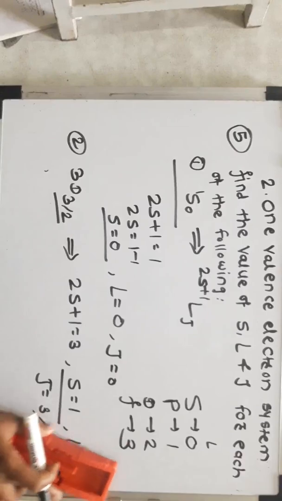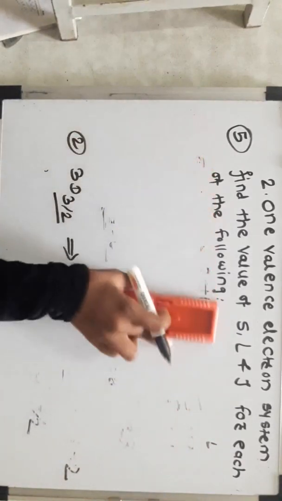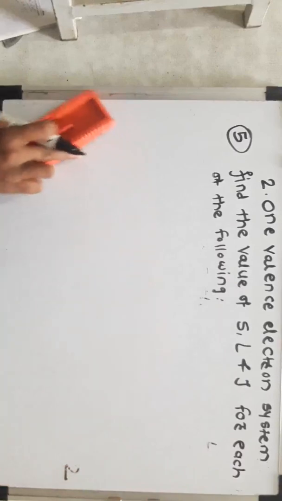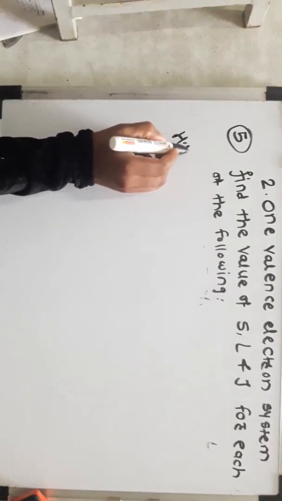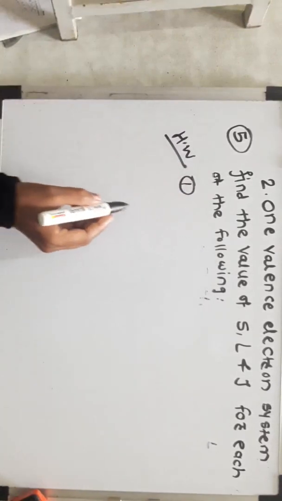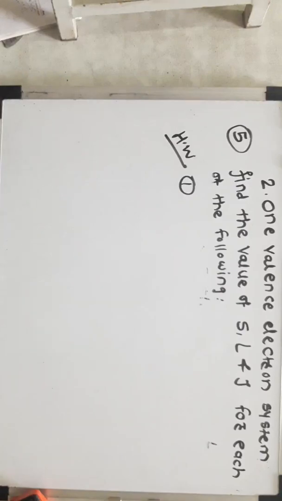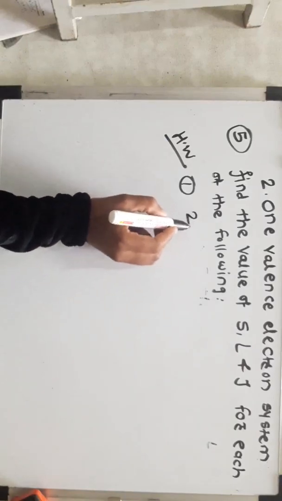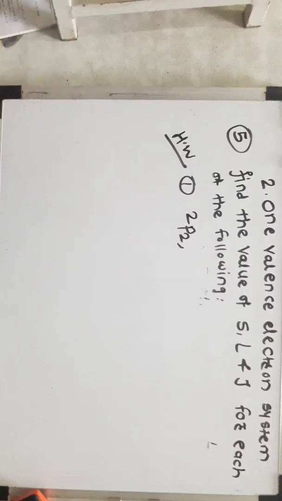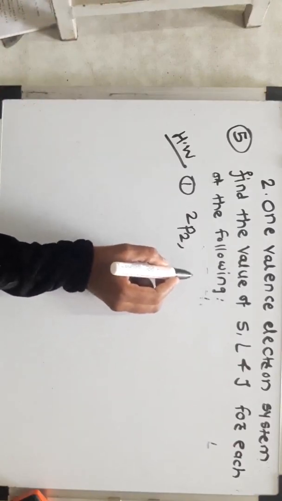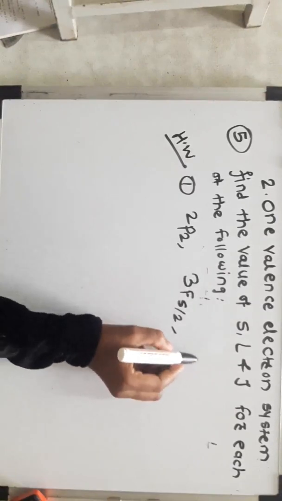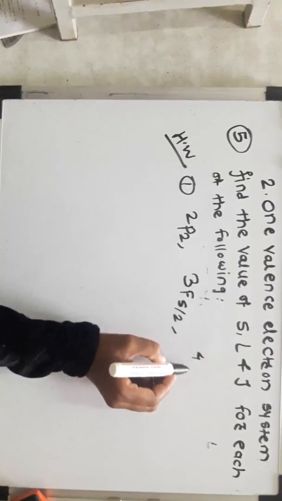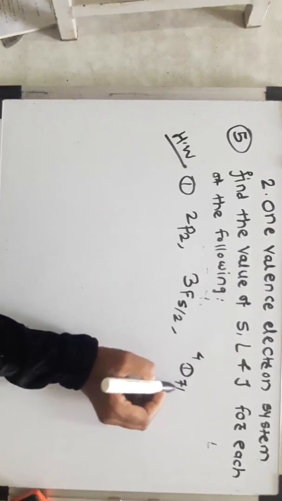Now you have to write down these problems, you can do them in homework, and the solutions can be sent to me in Google Classroom. The first one is the 2P2 state, then 3F 5 by 2, then 4D 7 by 2.